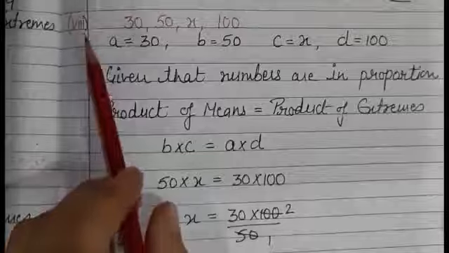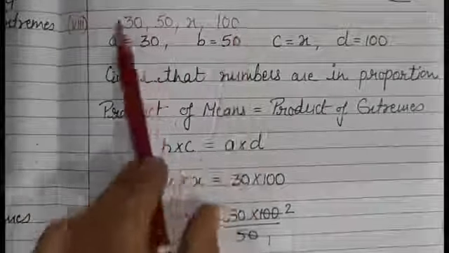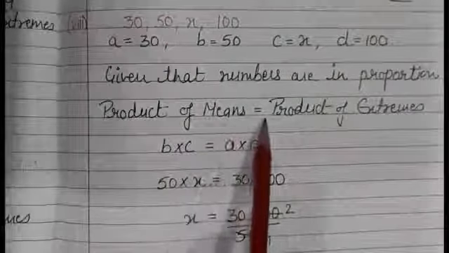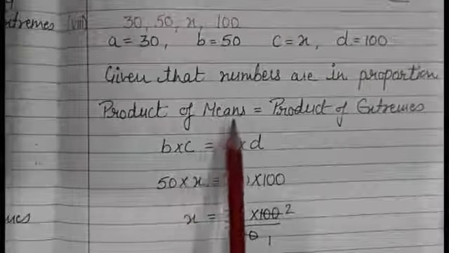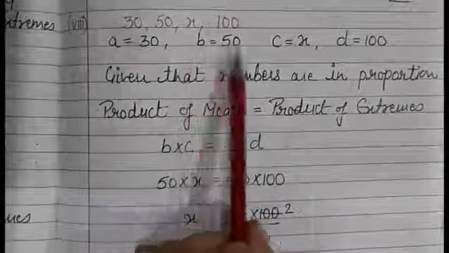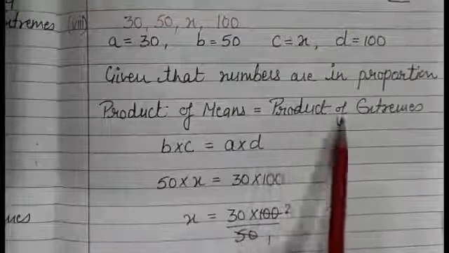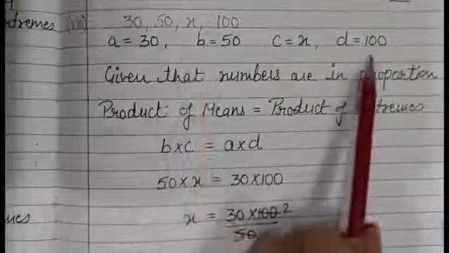Similarly, in the eighth part, 30, 50, x and 100. If these four numbers are in proportion, then the product of means will be equal to the product of extremes. Now the product of means, b into c, that means 50 into x. The product of extremes, a into d, that means 30 into 100.